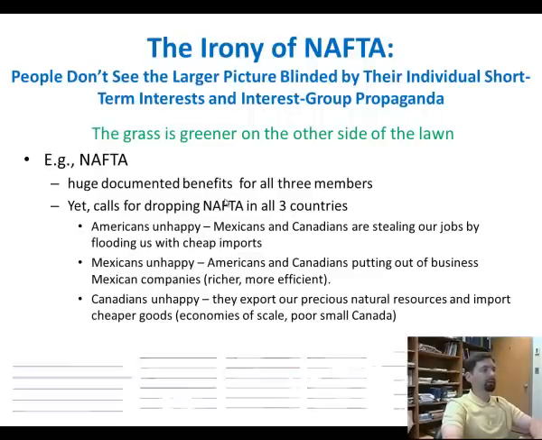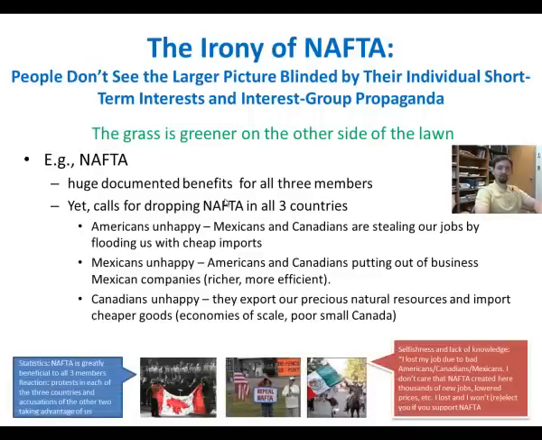Now, the irony of NAFTA is that in all 3 countries it's equally hated, and I believe I used this slide before, and let me show it again to you. In Canada, people are generally against NAFTA, or at least a huge portion of people are against NAFTA. The same thing obviously is in the United States, and the same thing is obviously in Mexico. Each of the 3 countries claims that the other 2 are reaping all the benefits.